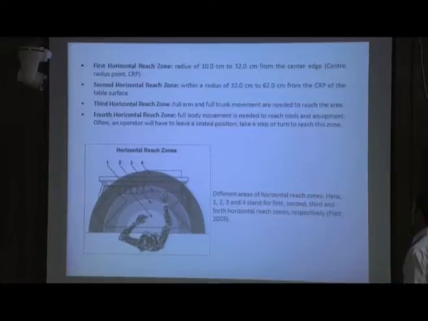Here 1, 2, 3, 4 stands for first, second and third horizontal reach zones. So in this way, you can see in different reach zone areas where you should position what items. Those which are more frequently used by that individual should be kept nearby, and gradually other items which are not frequently used can be kept in zone 4 or zone 3.